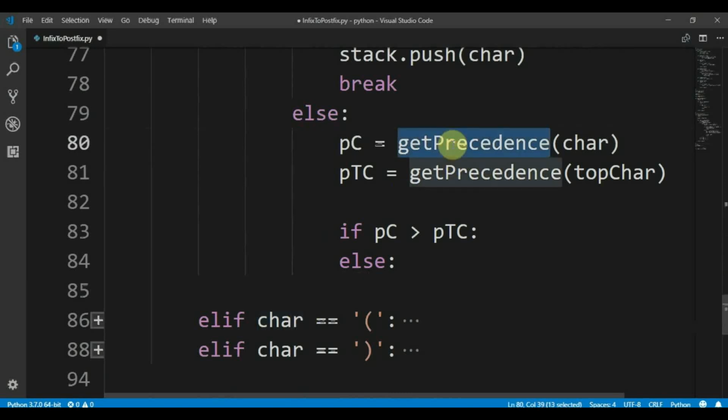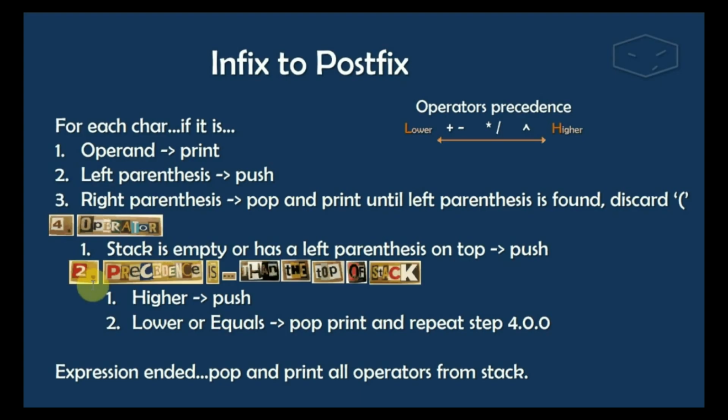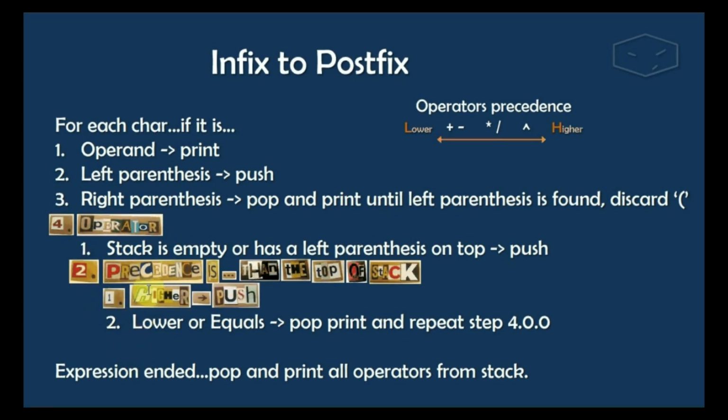So going back to our code, we already have this here. We get the integer value of the precedence of the char and the precedence number of top char, and then we can compare them here. Now that we can compare, we can see this: if it is higher, we push on the stack. So let's do that.